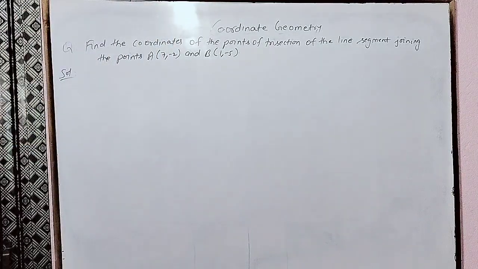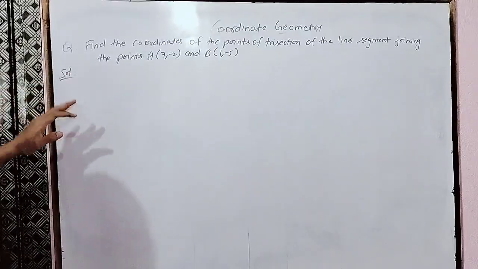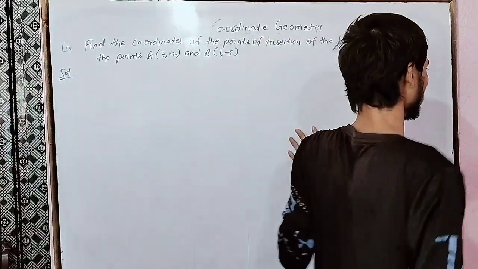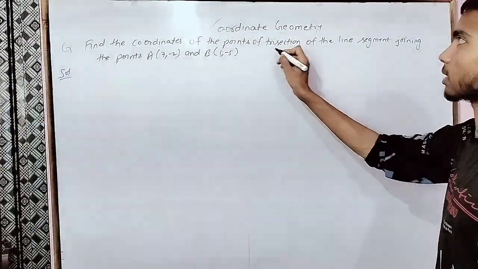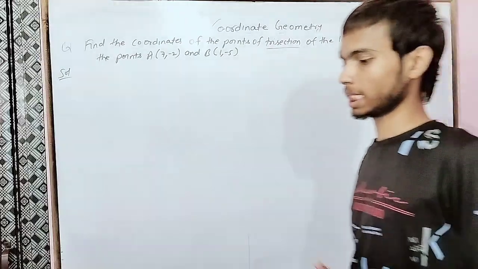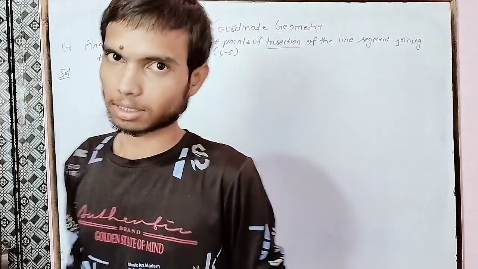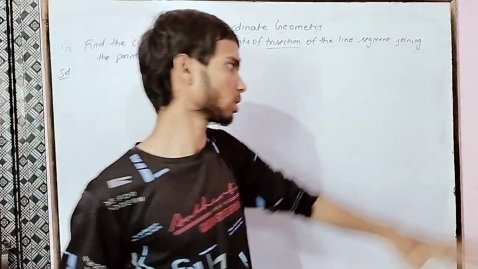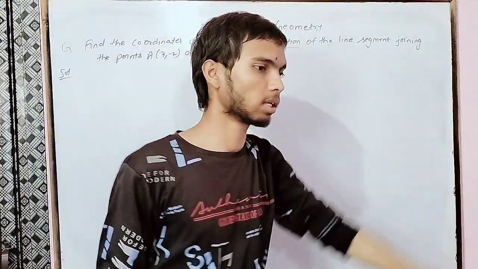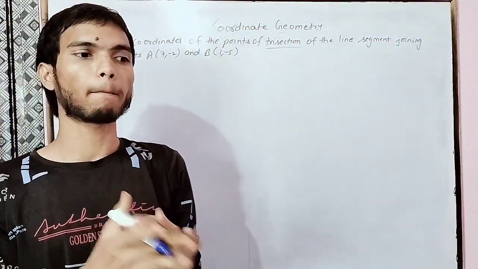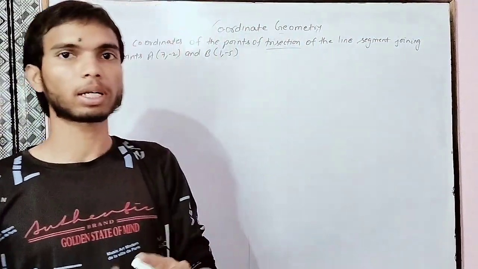We have to understand what the question is saying. Find the coordinates. Now a new word is coming, which is trisector. Bisector and trisector have a difference. A bisector will divide a line segment into equal parts.